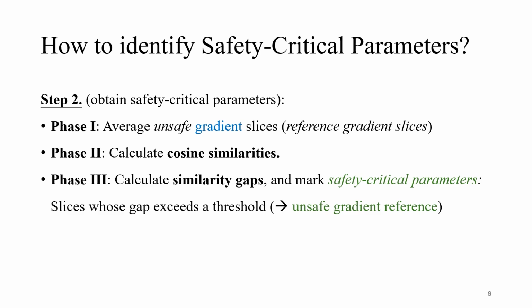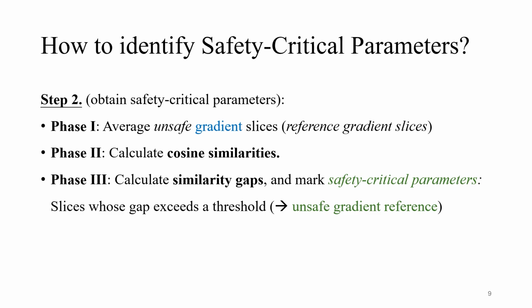We first average the gradient slices from the 2 unsafe prompts, and the resulting slices are called reference gradient slices. Then, calculate the cosine similarities between each of the 4 collections of gradient slices, 2 safe and 2 unsafe, and the reference gradient slices respectively.